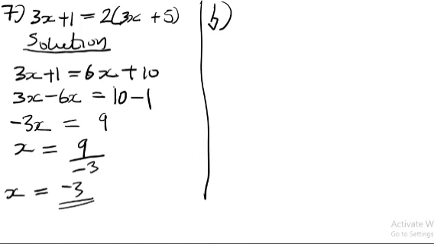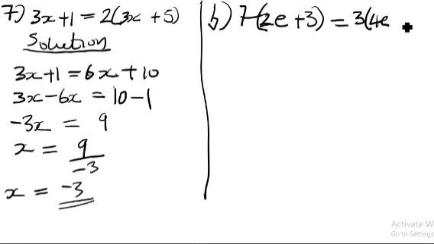The b part. I'll have 7 into (2e plus 3) equal to 3 into (4e plus 9).